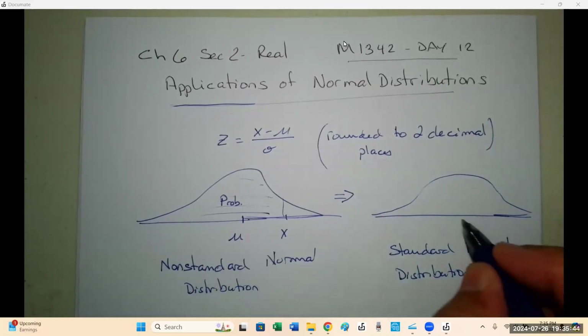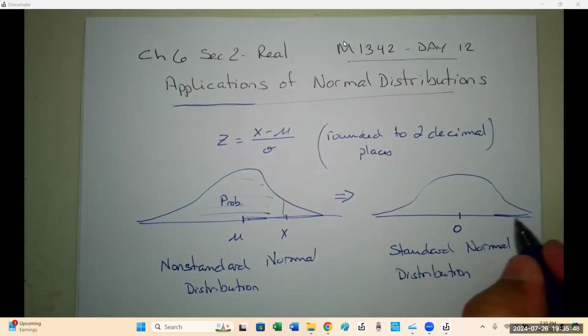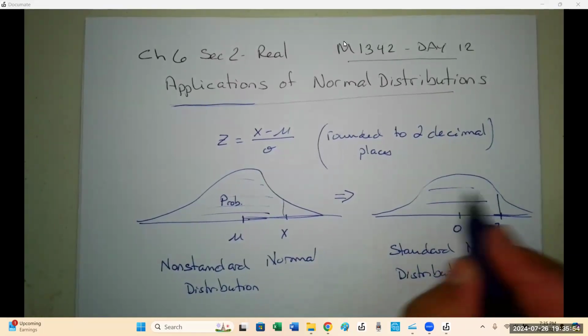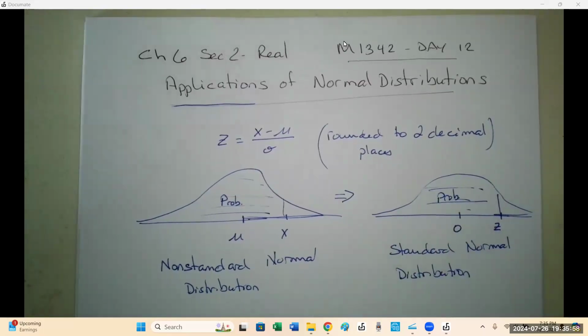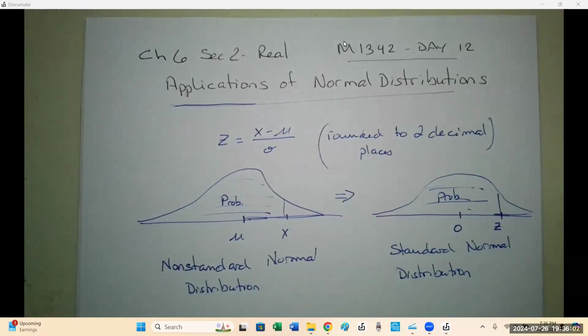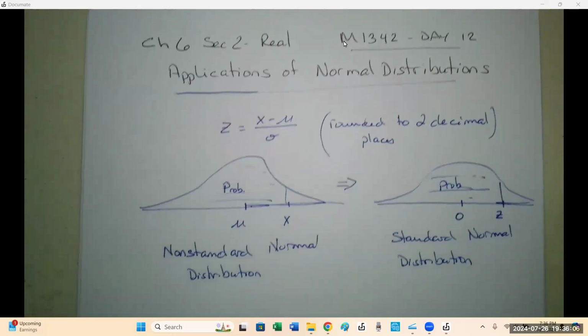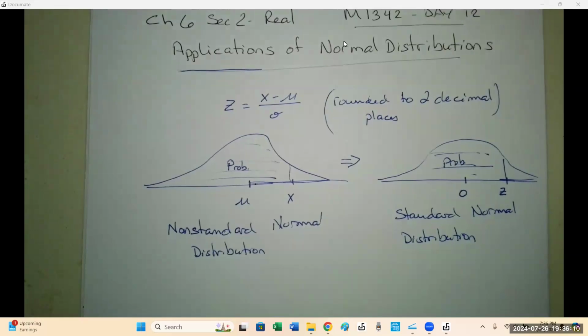So what we're doing now is converting our mean to 0, and now we're going to be looking at specific z-scores to find the probability. All right, so that is our claim to fame, our goal in what we're trying to do here.